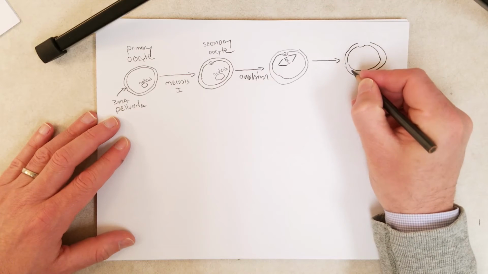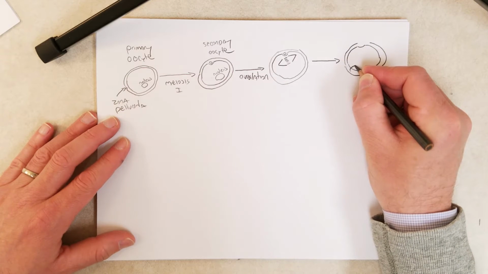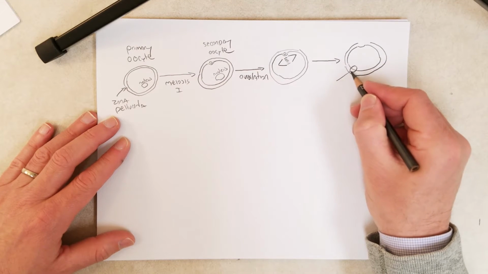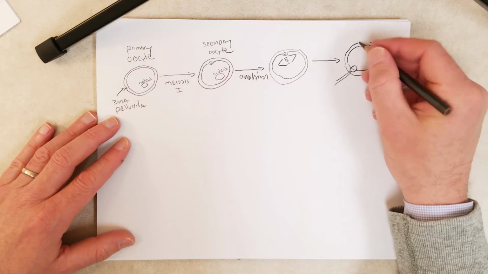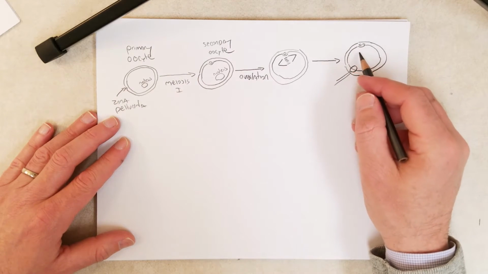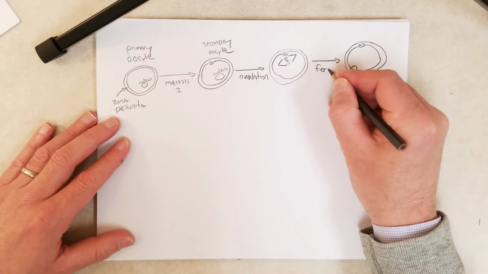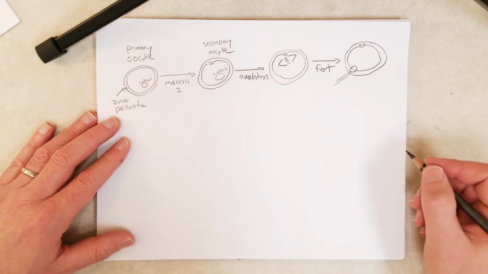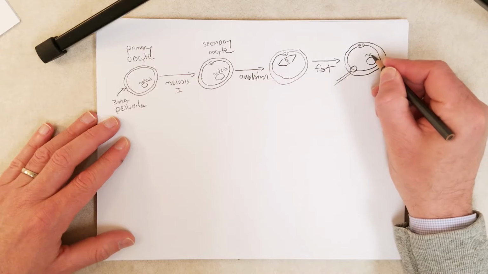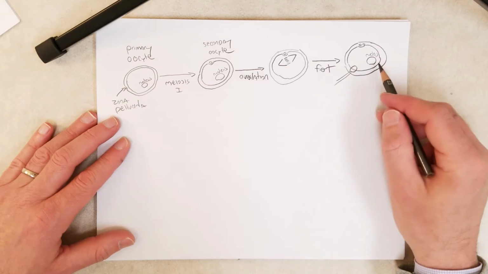And because fertilization occurred, we have the little sperm head breaking through the zona pellucida. And okay, so meiosis 2 completes. I'm calling this step fertilization. Meiosis 2 completes, and then we have the nucleus here.